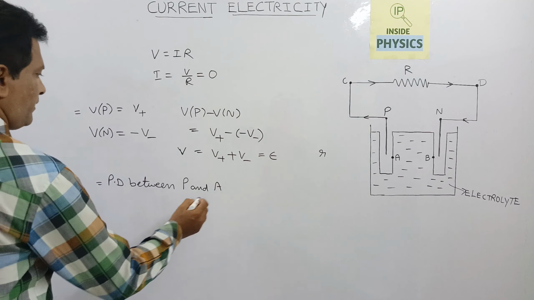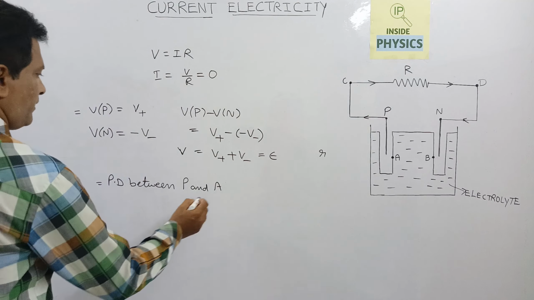So the potential difference between P and A is V plus, and then the potential difference between A and B. When there is no current in the external circuit, that means in an open circuit, the potential difference between A and B is 0. So the potential difference between N and B is minus V minus. Okay. So this is considered as the EMF, that is equal to the EMF in an open circuit.